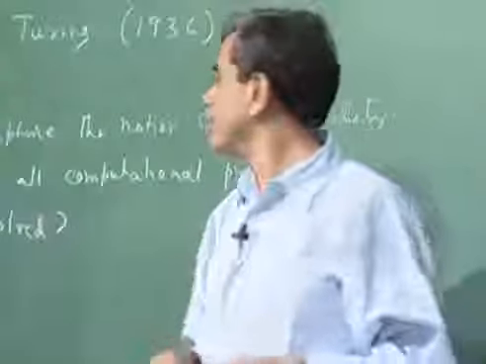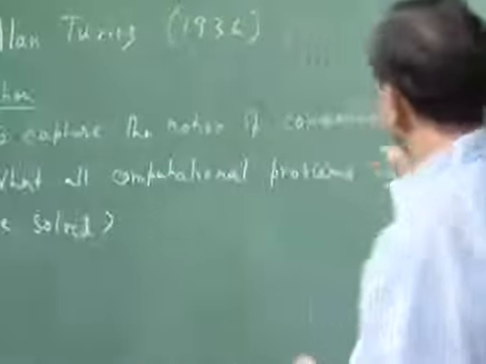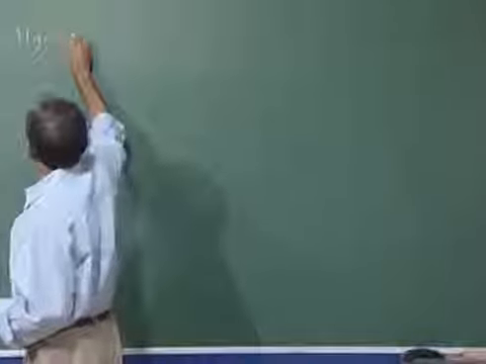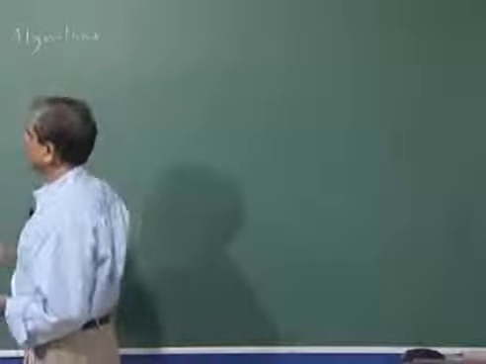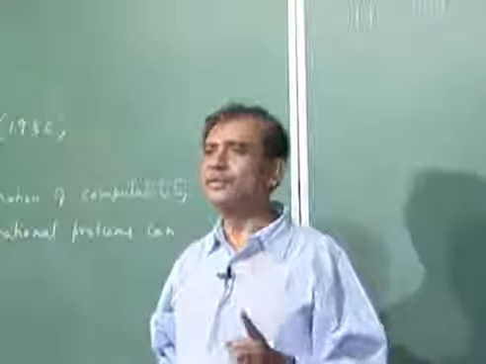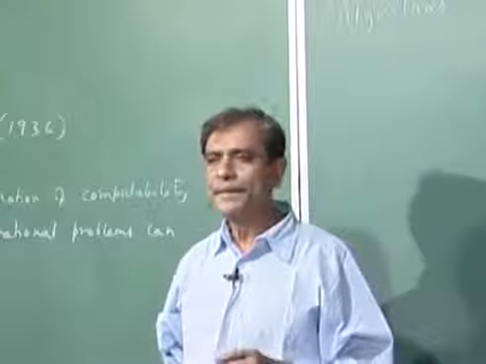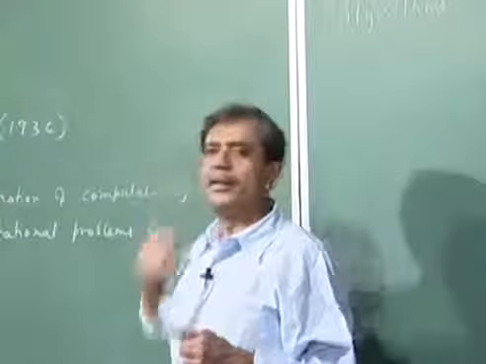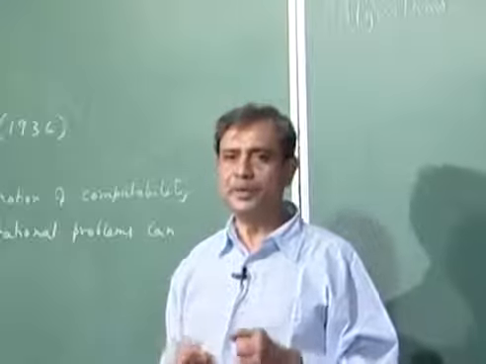Of course, we know that computational problems are solved by algorithms. So, another way of saying it is that if there exists an algorithm to solve a problem, that algorithm can be implemented on a Turing machine.